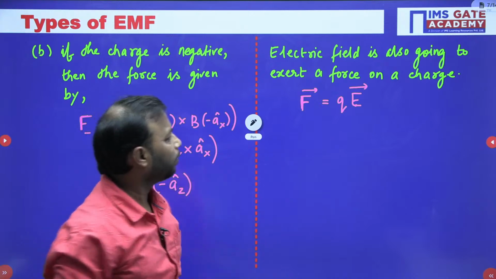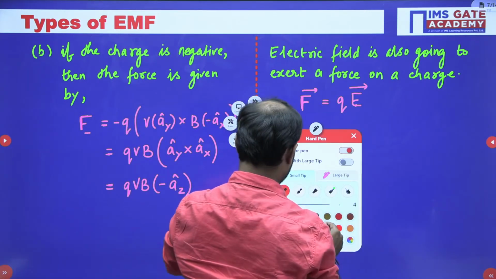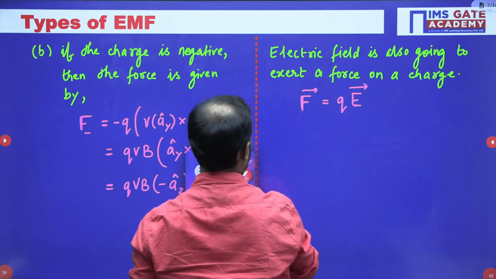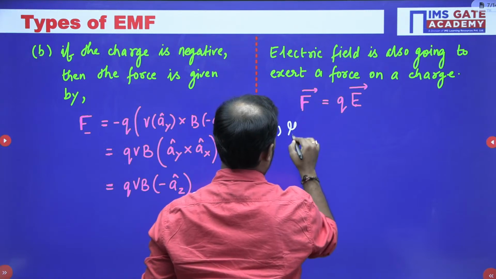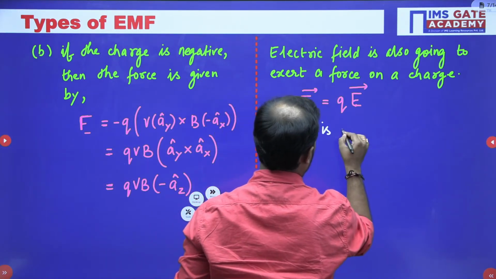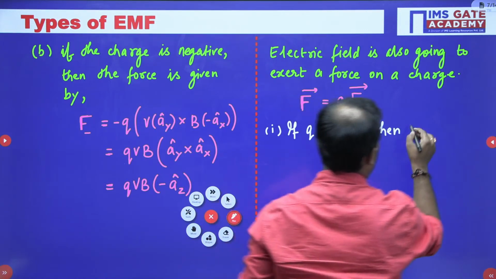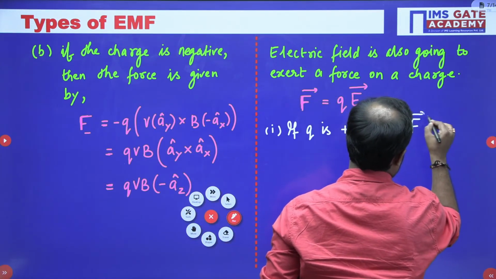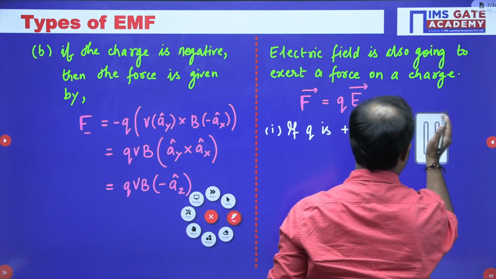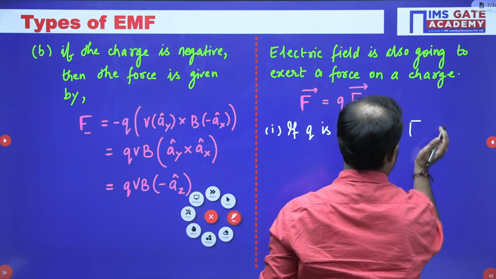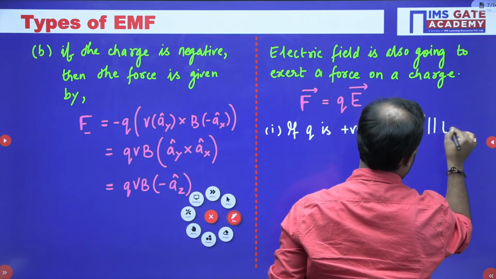Now if Q is positive, then F is parallel with E. What do you mean by this?